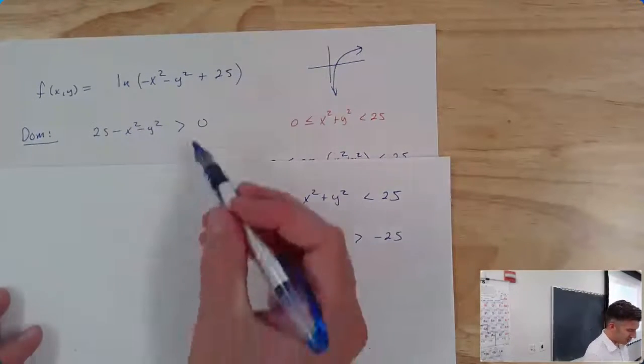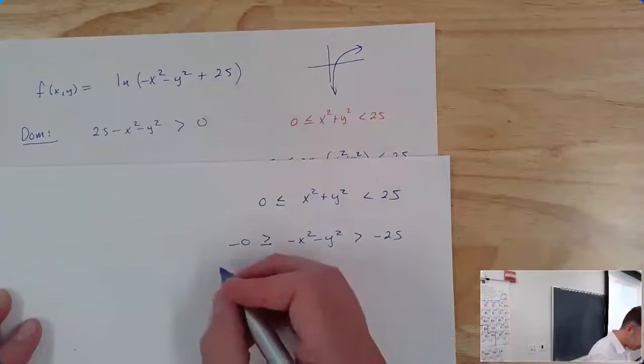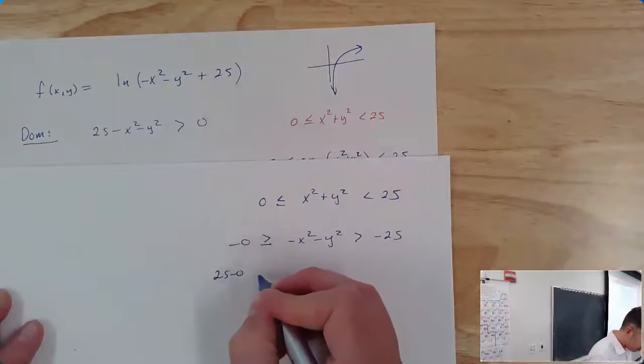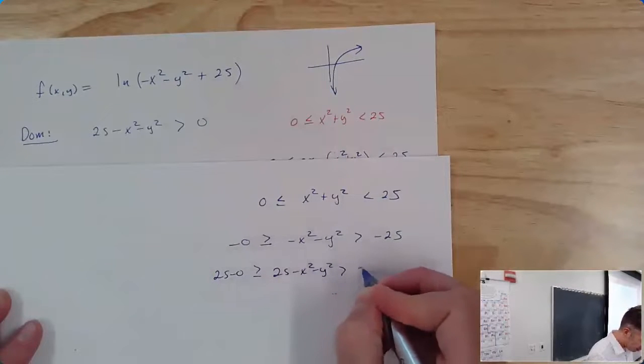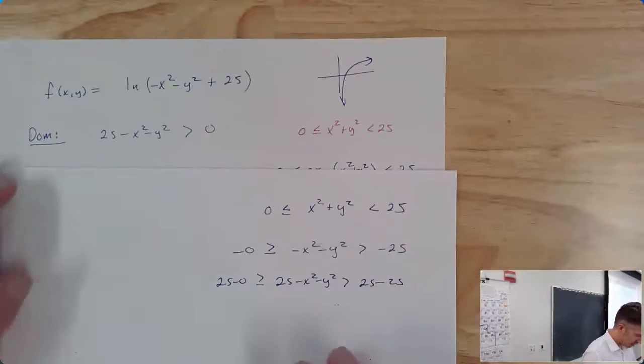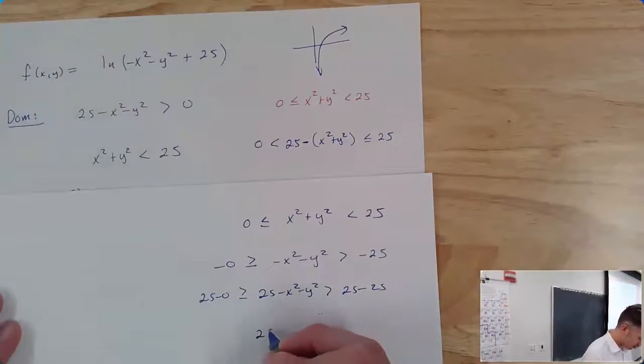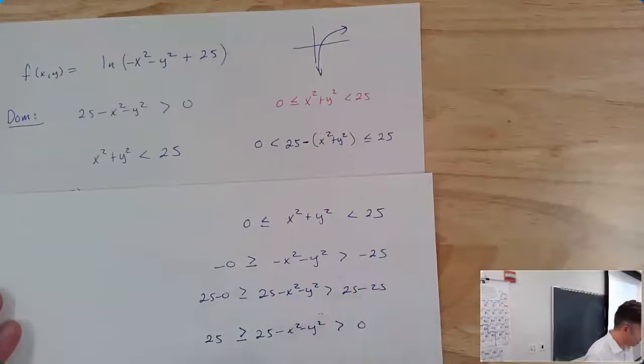And then I also want a plus 25, so I'm going to add 25 to everything. So 25 minus 0 is bigger than or equal to 25 minus x squared minus y squared, which is bigger than 25 minus 25. So now I've got exactly that 25 minus x squared minus y squared is less than or equal to 25 and is bigger than, but not equal to, 0.